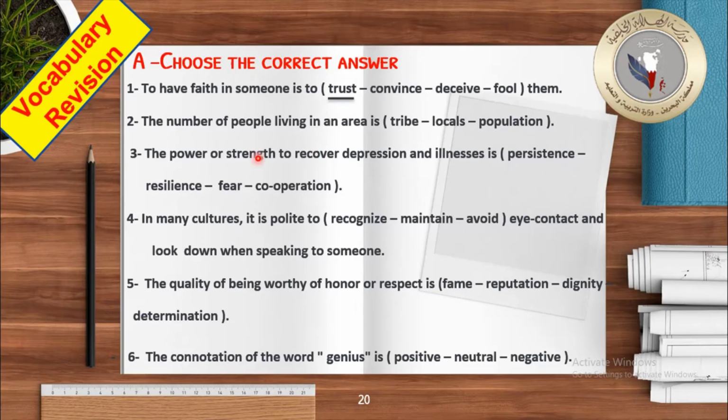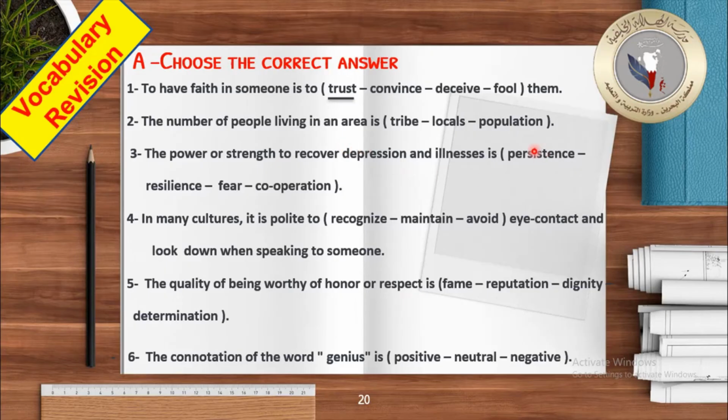A minimal word in a sentence may change the meaning of a sentence totally. For example, when I omit the number and I say the people living in an area is, the answer would be locals. But here he says the number of people living in an area is what?